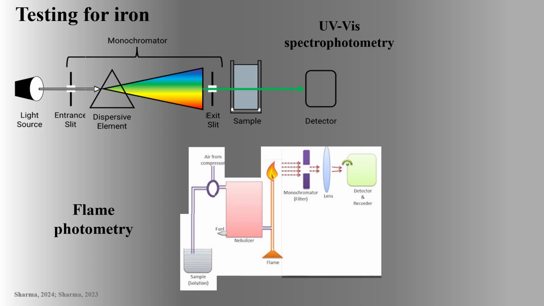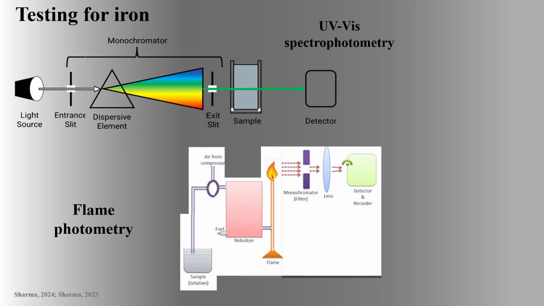The iron light source then goes through a monochromator filter, which then is magnified by a lens into a detector and recorder. This also prints out a graph that shows the amount of iron that was in the initial sample.